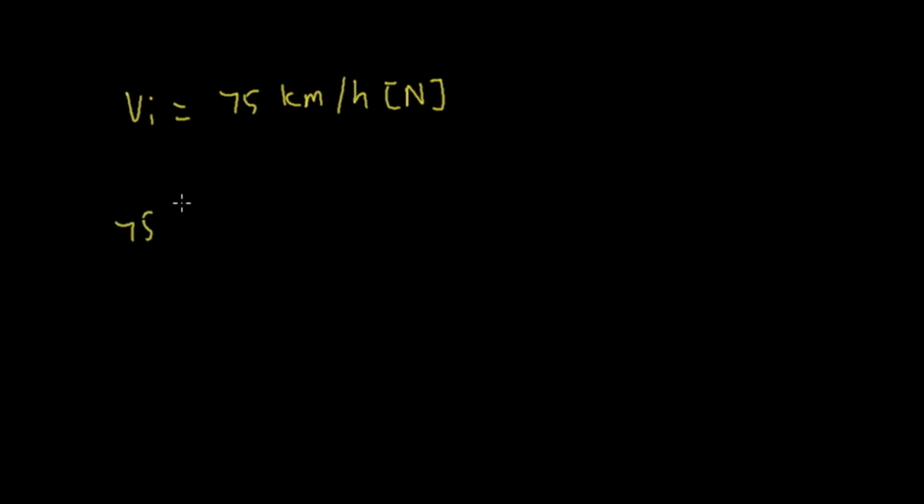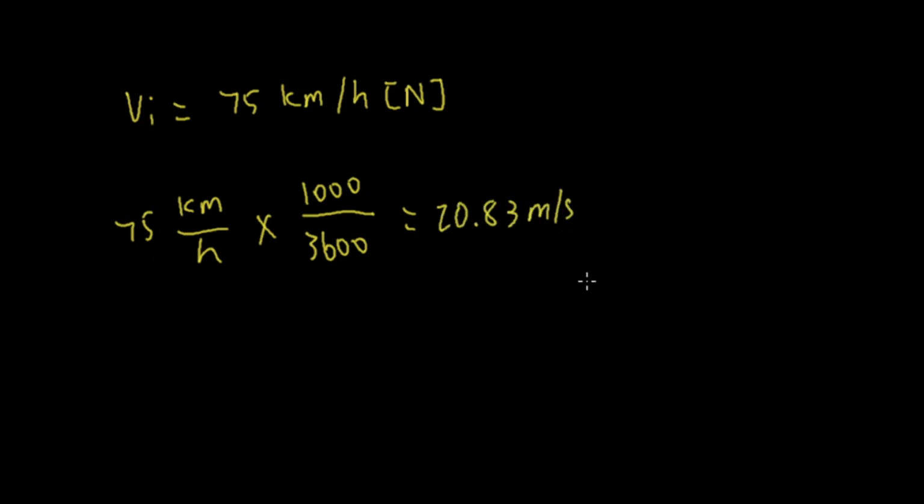So here, 75 kilometers per hour times, to convert kilometers to meters, we have to multiply by 1000. To convert hours to seconds, think about how many minutes are there in 1 hour. 60 minutes. How many seconds are there in 1 minute? 60 seconds. So 60 times 60 is 3600. And that will give us approximately 20.83 meters per second.